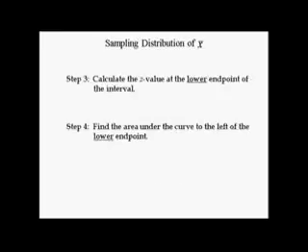In step 3, we need to calculate the z-value at the lower endpoint of the interval, 983. The z-value is equal to the difference between 983 and the population mean of 993, divided by the standard deviation of the mean, 14.6.